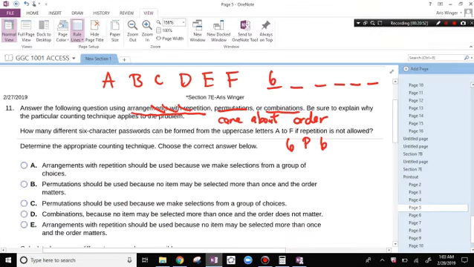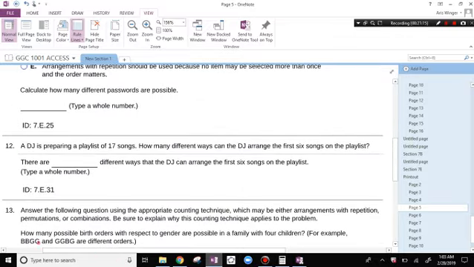There's 6 letters I could put here, 5 letters I could put here, 4 letters I would put down, then 3, then 2, then 1, and you would just multiply. Either way, it's 720. Permutation should be used because no item may be selected more than once, and I care about the order. 720.